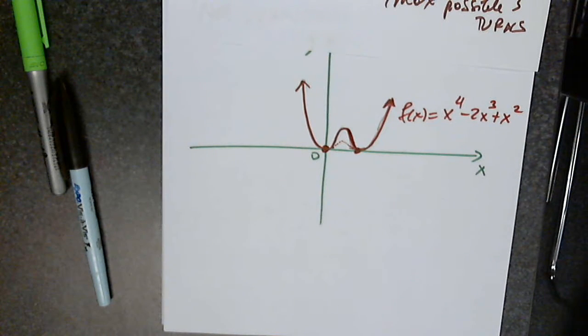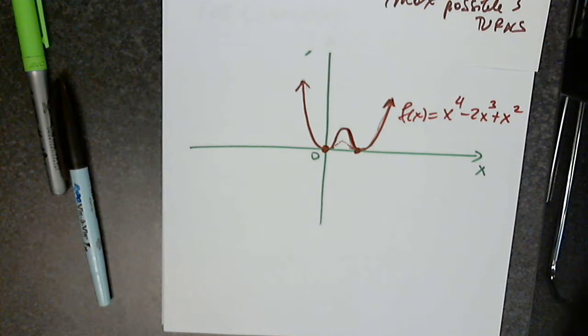I put all this information in the graphing calculator. I clear what I had before. And that's x to the 4th. And then minus 2x to the 3rd. And then plus x squared. I use the same viewing window. I'll say the standard.